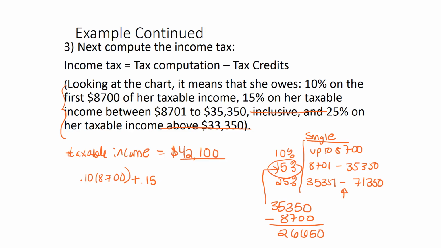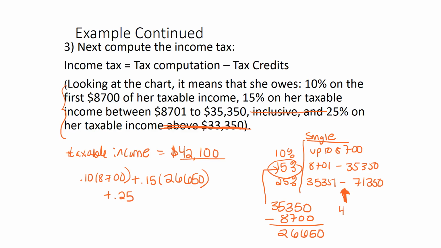So she's taxed 15% on the 26,650, right? Only the amount between those two. And then 25% on the amount that falls in this interval, and her total taxable income is 42,100.